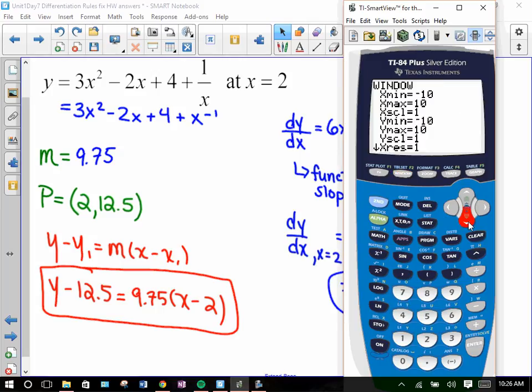Let's go negative 3 to 3. We'll take the y min to 0. The y max will go to 20.